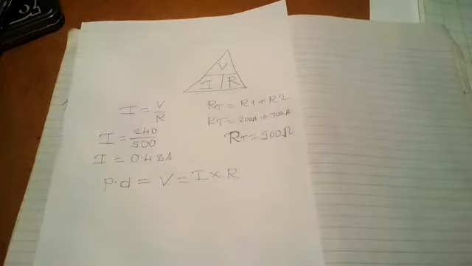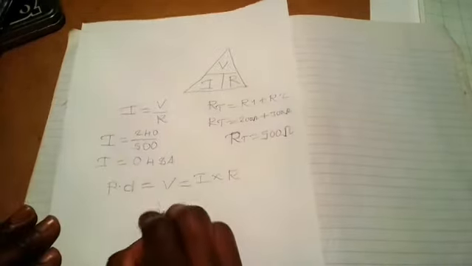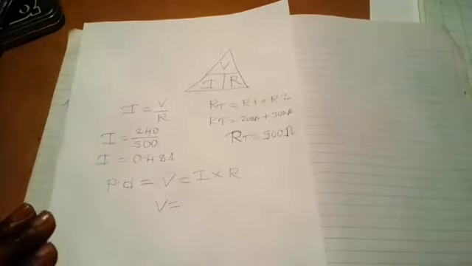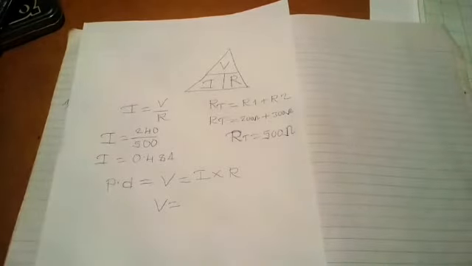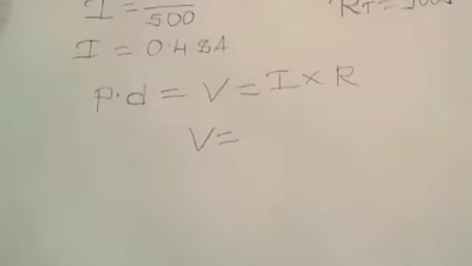So we are going to continue like this. We are calculating the voltage here. So V is equal to, what is our current? The current we have found already to be 0.48 amps.